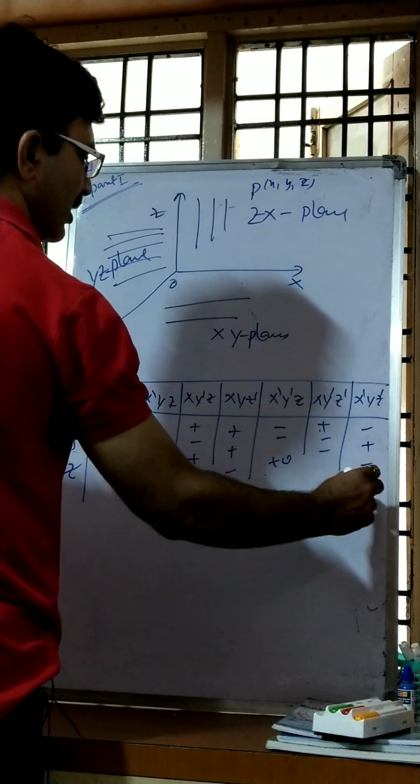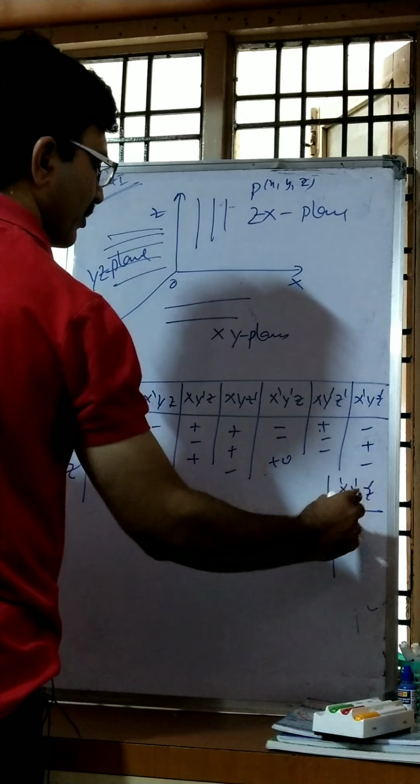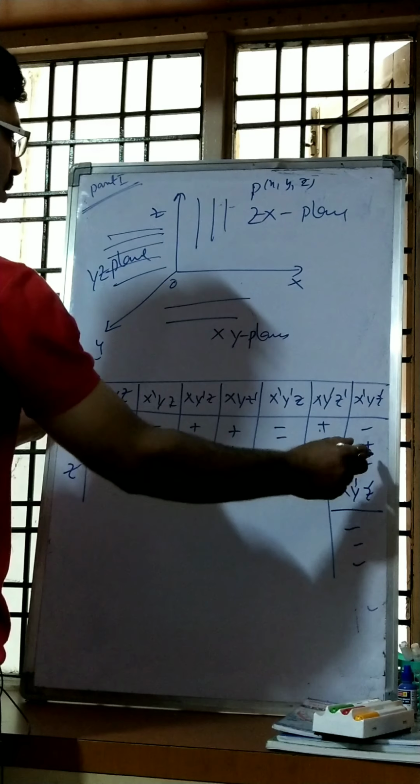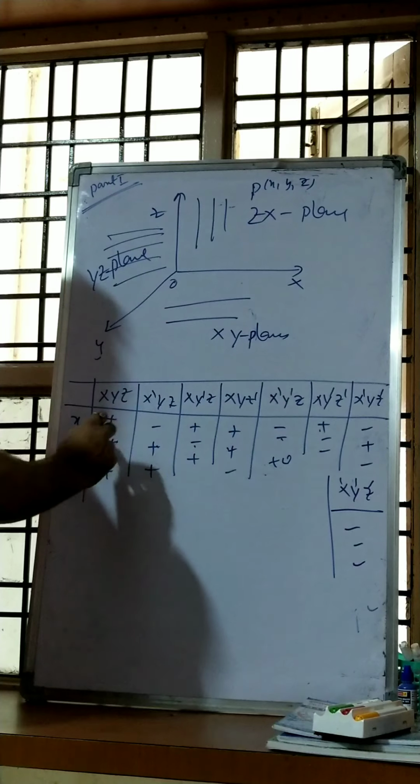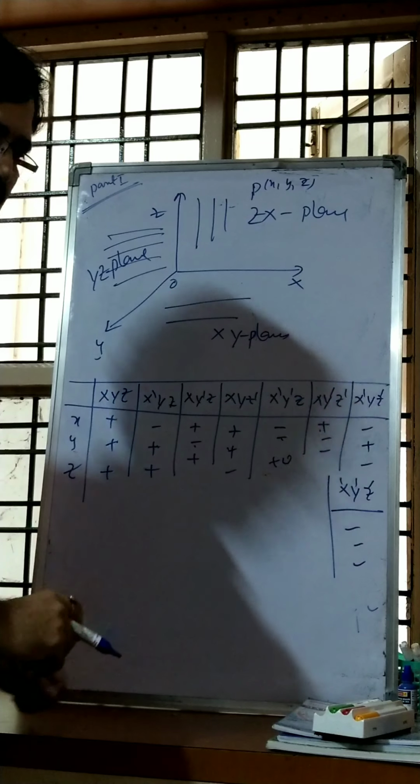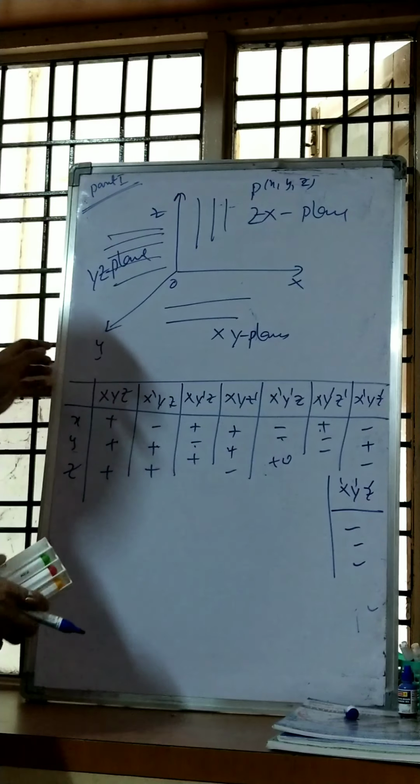And x, y, z all negative. 1, 2, 3, 4, 5, 6, 7, 8 octants. The coordinates change in this way.